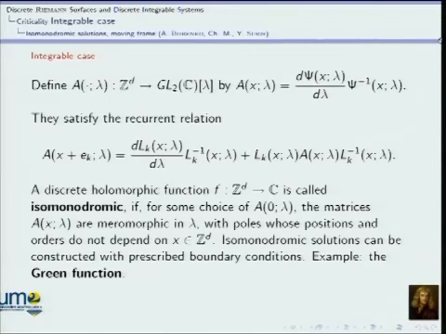Everything here are rational fractions in terms of lambda, and when you ask that this matrix valued function is meromorphic in lambda with poles whose positions and order do not depend on the place where you are, you call that isomodromic solutions. And it happens that this green function I was talking about is an isomodromic solution.